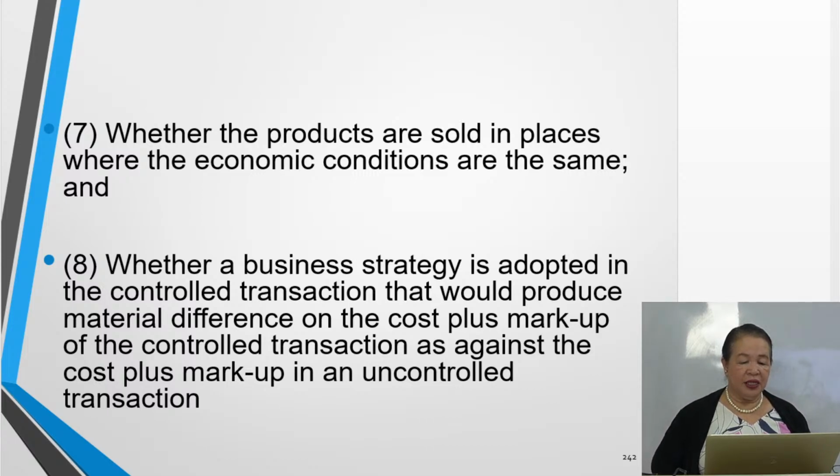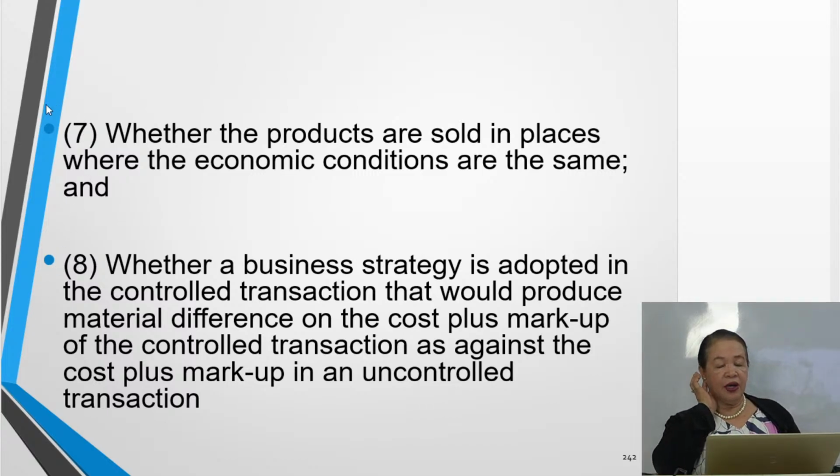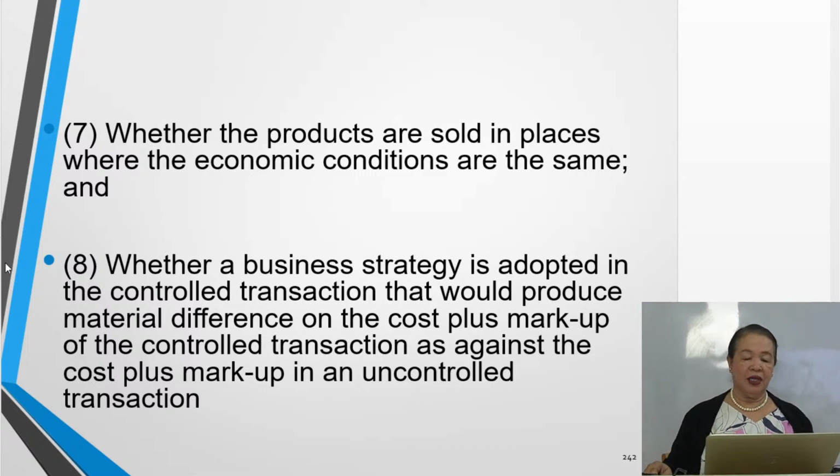Whether a business strategy is adopted in the control transaction that would produce material difference on the cost plus markup of the control transaction as against the cost plus markup in an uncontrolled transaction. No? Okay. So, ano tong tinatawag natin na business strategy? Iba-iba to, no? But these business strategies, when employed by the taxpayer, should only be temporary. No?